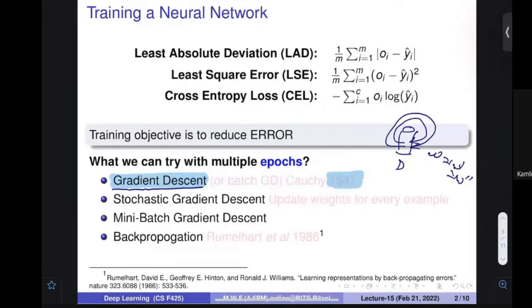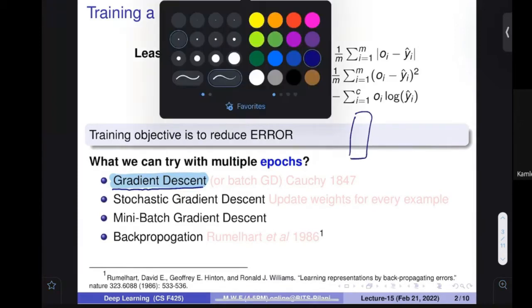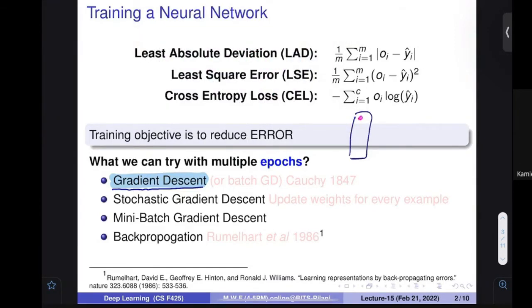Here comes an idea that somebody thinks may be possible. Look, the databases could be very large and there could be multiple training examples available. If the database is very large, you pick the first example, and with respect to that example you find the derivative and how much you have to change.